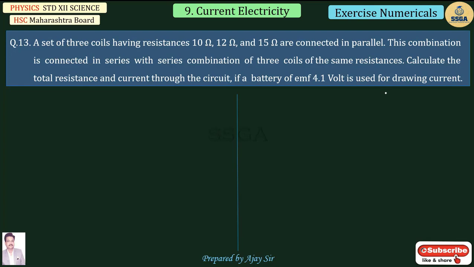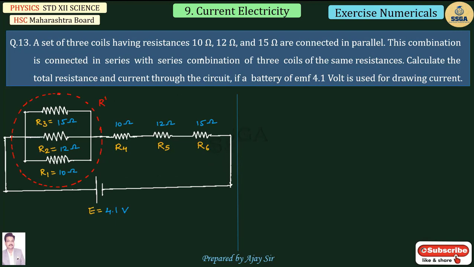So let us consider the circuit diagram. Suppose this is R1, R2 and R3, first connected in parallel, with values 10, 12, 15.